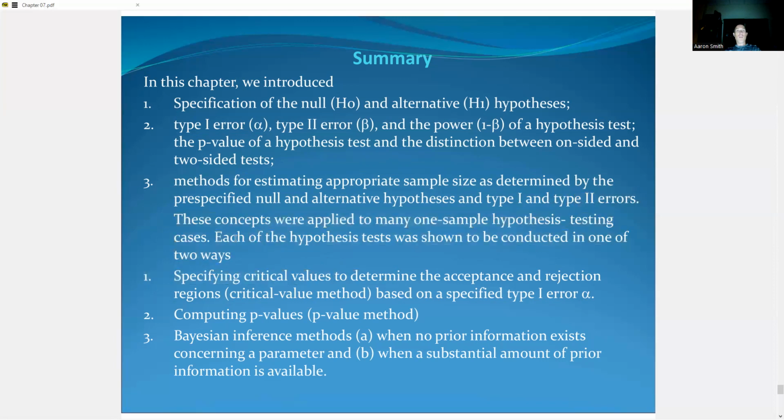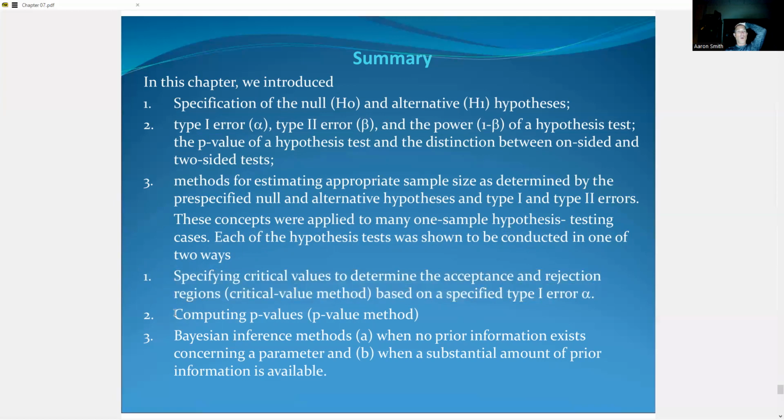Each of the hypothesis tests was shown to be conducted in one of two ways. First way is to specify critical values to determine the acceptance and rejection regions. This is a critical value method based on our type 1 error risk tolerance.